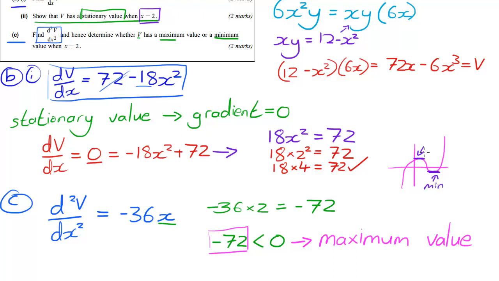So we've just found out by doing the second derivative that this maximum point here is when x is equal to 2. I mean, this graph doesn't look like that, but you get the idea. So it's a maximum value because the second derivative is less than 0. That is the question. I will see you in the next video.